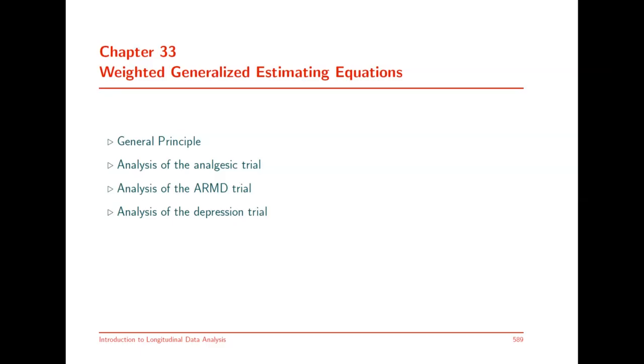I can do that for the entire subject at once. And then I ask the question, what is the probability for a given completer to indeed be complete? Again, if that's 50%, weight 2, if that's 10%, weight 10, etc. But I can also do that slightly more subtly, and that is at the level of the individual measurement within a subject, because the probability of the first one to be observed and the probability of the last one to be observed may be very different.